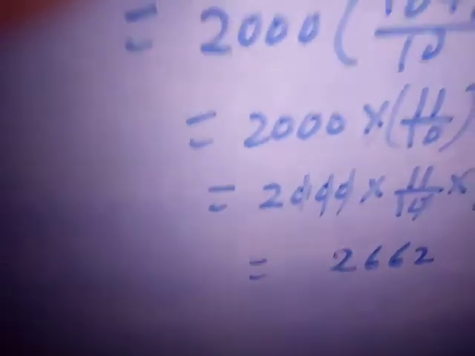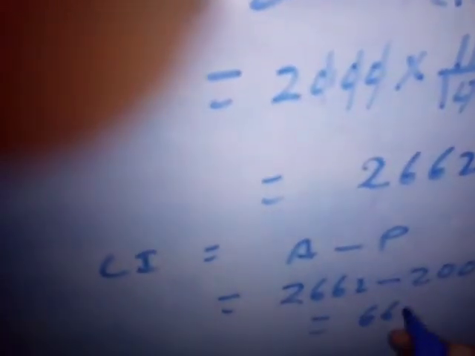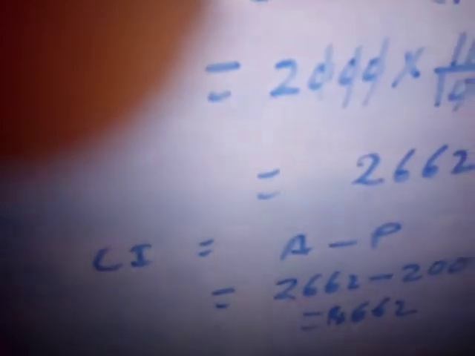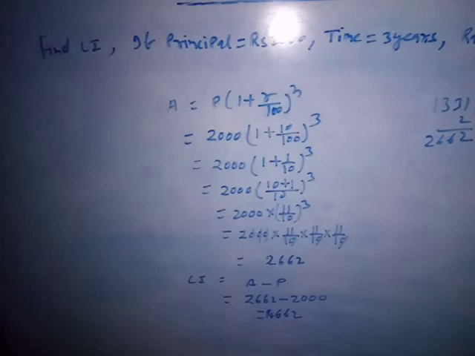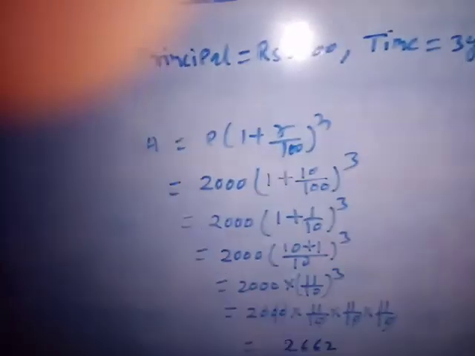So this is the amount, and after that we find the CI equal to A minus P. That means 2662 minus 2000, that is 662 rupees. Understood? So this time we found the value of CI when it is compounded annually.